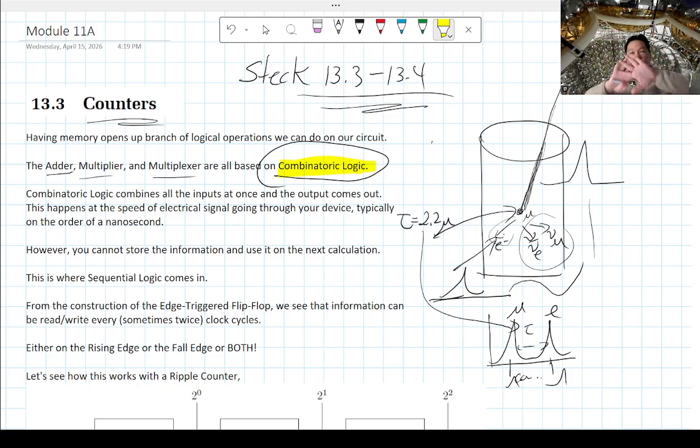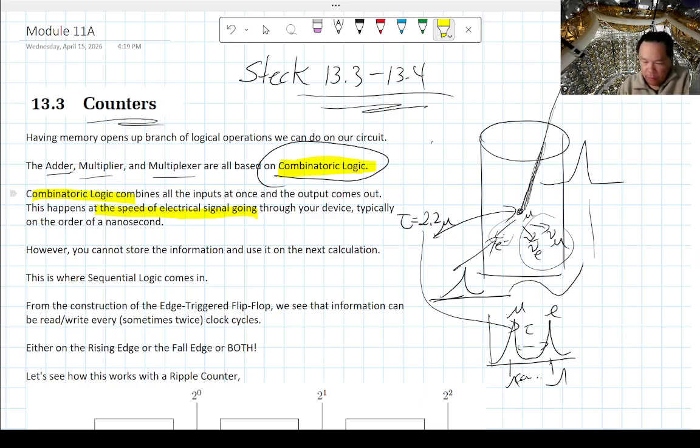Basically, whenever you change the input, the output comes out almost instantaneously, approximately at the speed of light on these wires. So the combinatoric logic is very useful and extremely fast. This happens at basically the speed of the electrical signal going through your device, typically on the orders of nanoseconds.